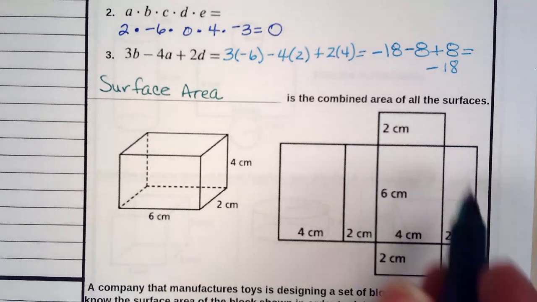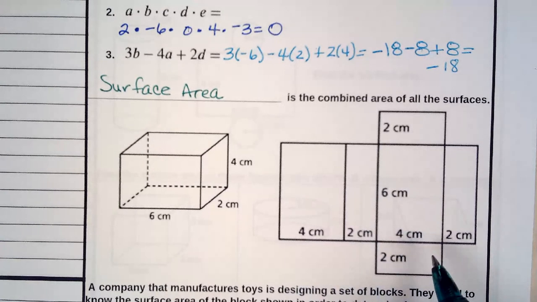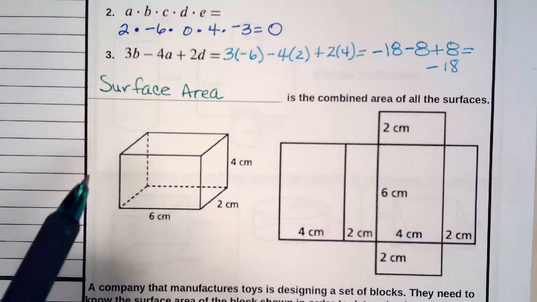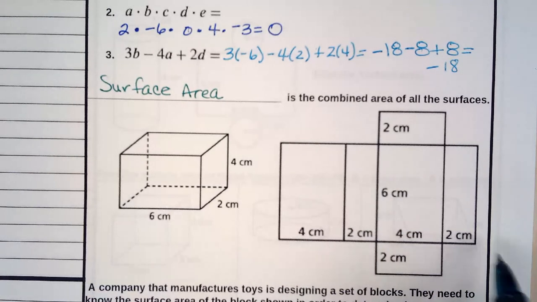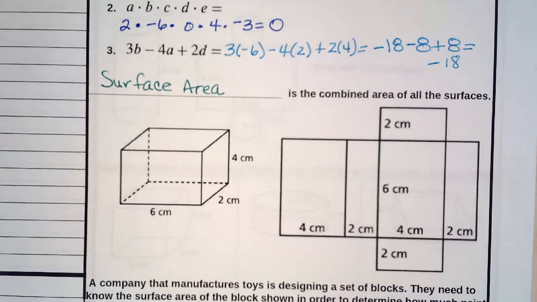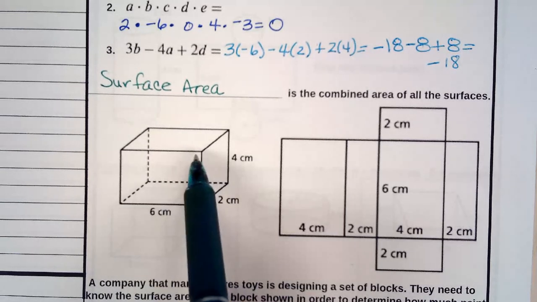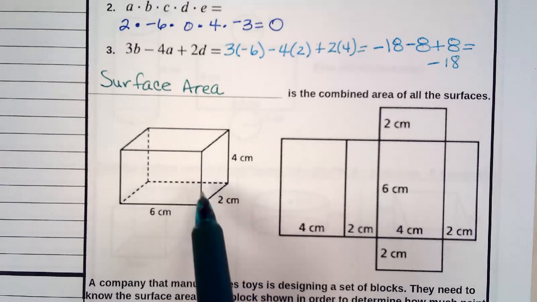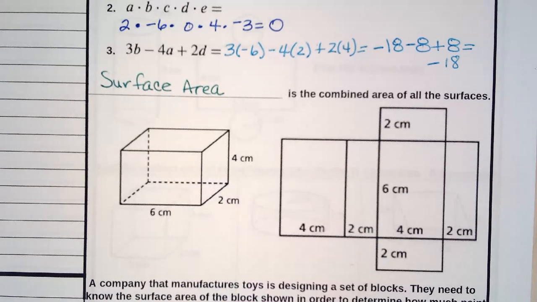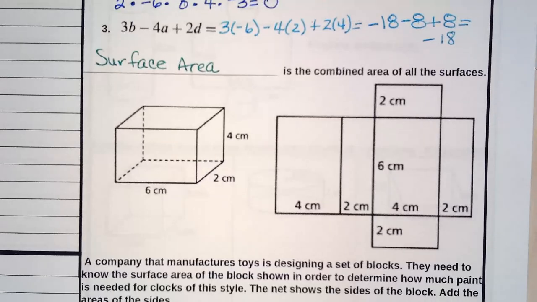If you cut the cube out, this is what we call the net. It's like you've taken this box and cut it in the corners and laid it out flat. So this is what the cube looks like, or it's actually a rectangular prism. And it's a right prism because all the corners are right angles. That means it will stand straight up and down.